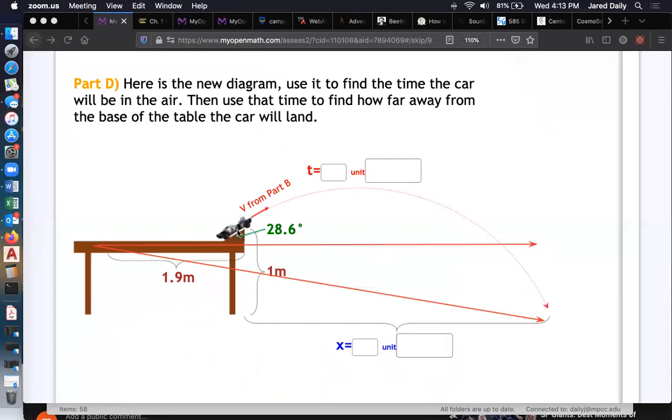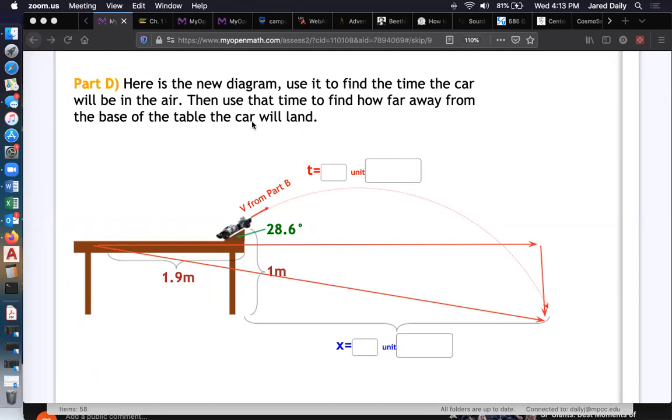For that one you just add the 1.9 meters to however far you've calculated this car is going to go in the x direction in this part. And then the height of the table is this one. Then you can use the Pythagorean theorem to calculate the length of this vector. And that's how you do that problem.